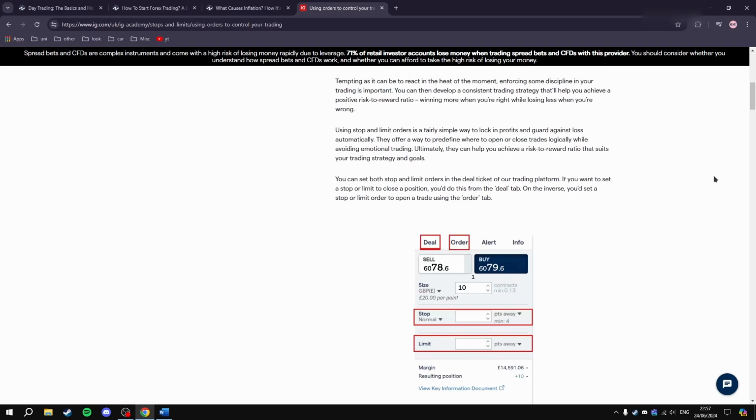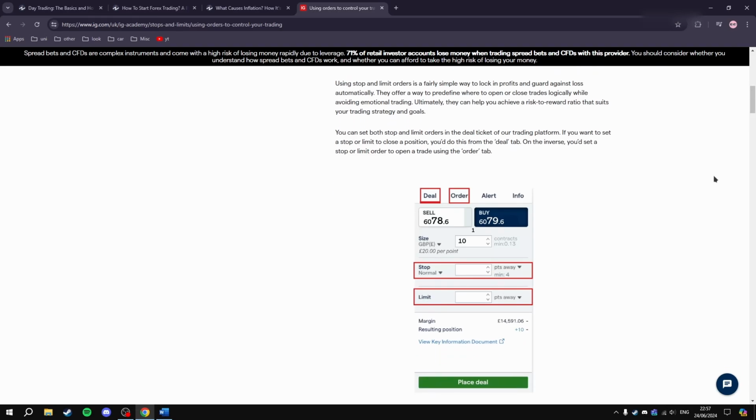Tempting as it may be to react in the heat of the moment, enforcing some discipline in your trading is important. You can then develop a consistent trading strategy that will help you achieve a positive risk to reward ratio, winning more when you're right while losing less when you're wrong. Using stops and limit orders is a fairly simple way to lock in profits and guard against loss automatically.